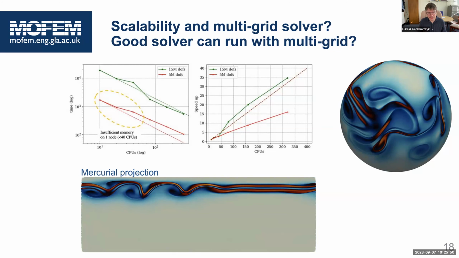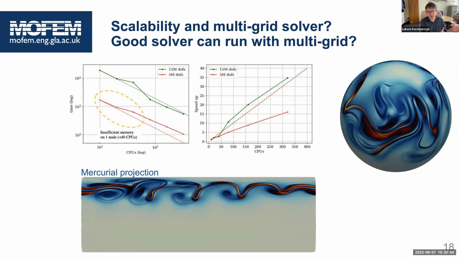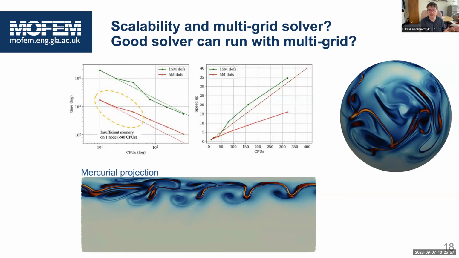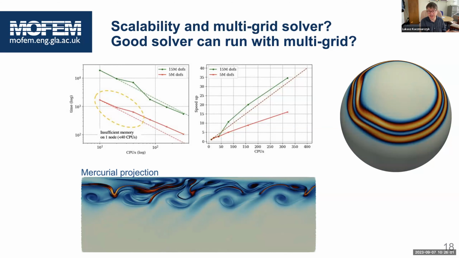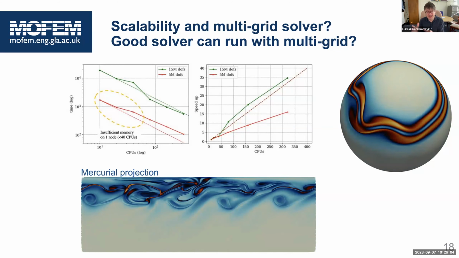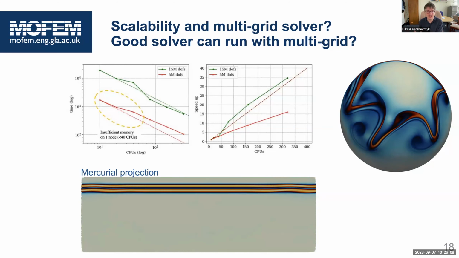But mixed formulations, on the other hand, create saddle point problems. So creating a mixed formulation by itself is not enough. You have to make a mixed formulation with the right preconditioner that allows you to deploy at the end a multigrid solver. So this is essential.